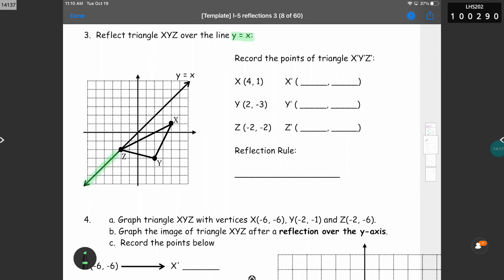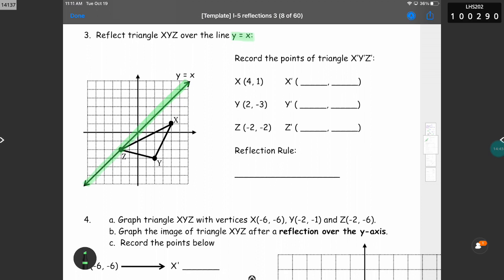On your page protector, you are going to trace the x-axis, the y-axis, y is equal to x, and your points X, Y, and Z.